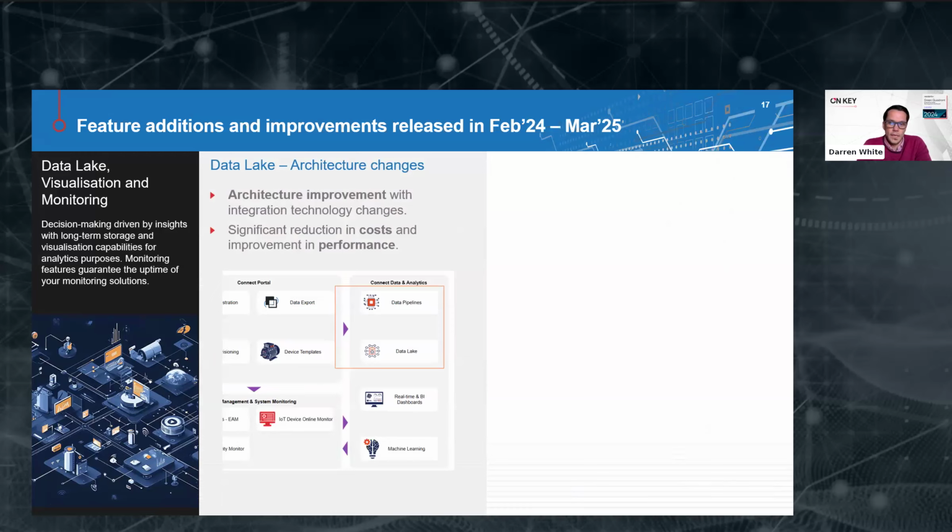The change we made was to the underlying technology used to collect the data and write it into the data lake, so the data pipeline. This reduced the cost significantly, as well as improved the performance.